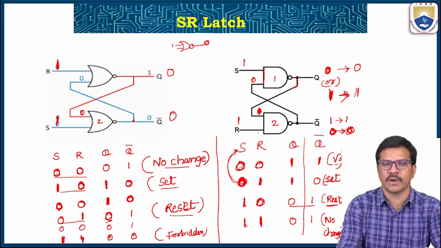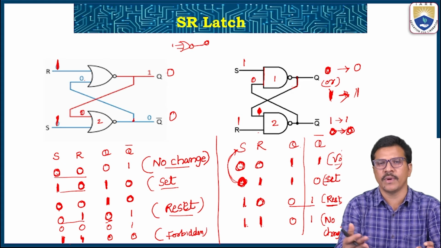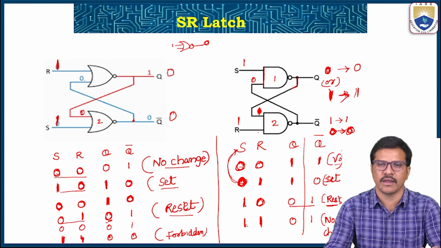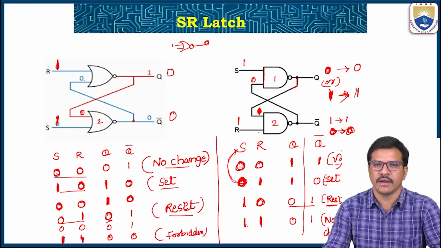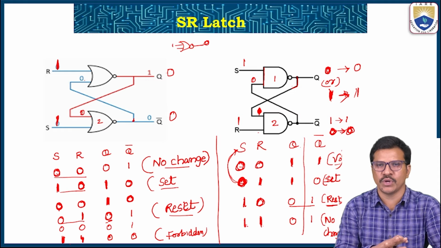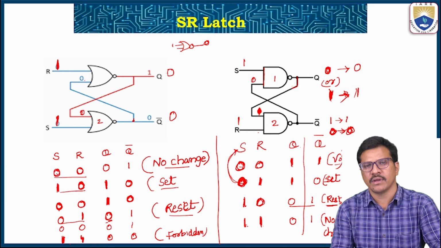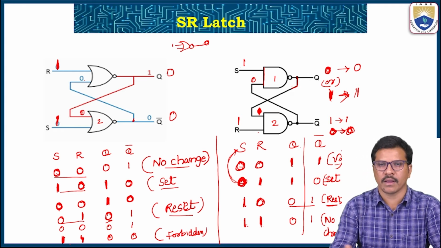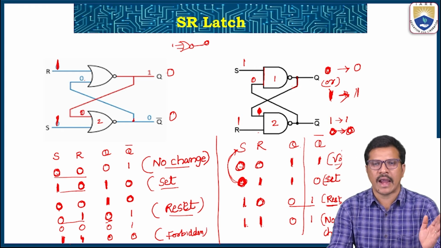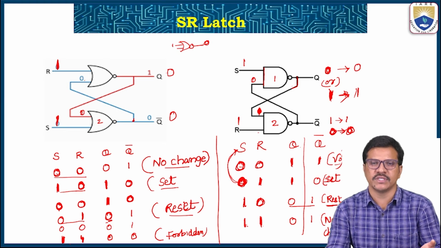If I stop at a particular time, the output remains in the same state. We can't control, because whenever R and S change, the output automatically changes, which is not expected and not required. If you want to hold for some time, there is no need to change the output. You just keep it so that whatever the change in the input, the output remains the same. You have to add the additional circuit in front of this latch. Then we will achieve this flip flop.